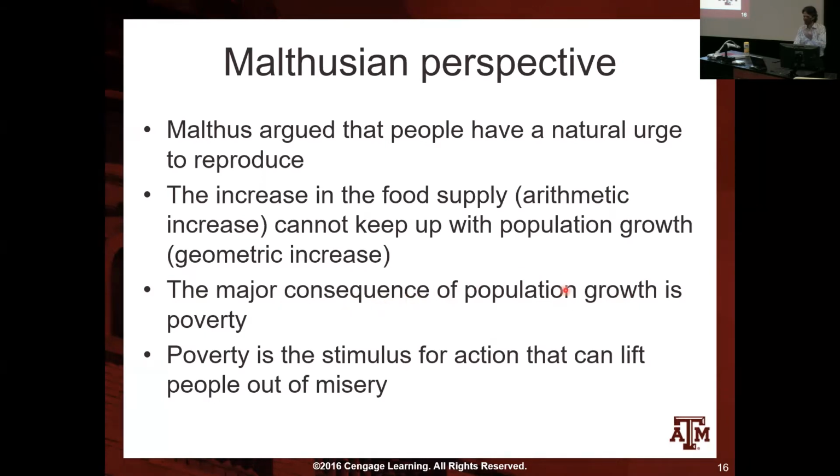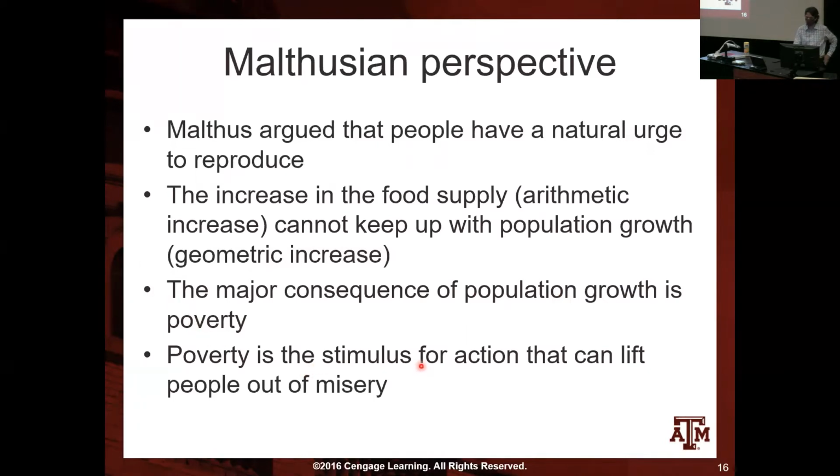If we have population growth at a really, really fast pace, we won't have enough food supply for the population, and that will cause poverty. So population growth is the independent variable that causes poverty, right? Poverty is the consequence of population growth. Population growth is the cause of poverty.